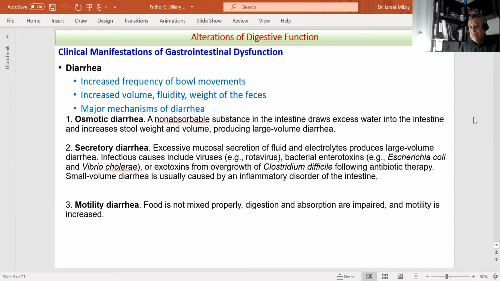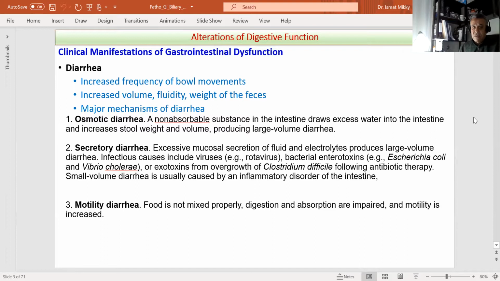Small volume diarrhea, as the slide says, is usually caused by an inflammatory disorder of the intestine, like IBS, or IBD, inflammatory bowel disease, which includes ulcerative colitis and Crohn's disease.